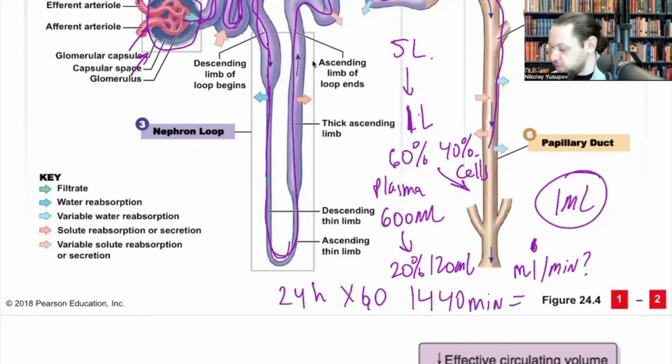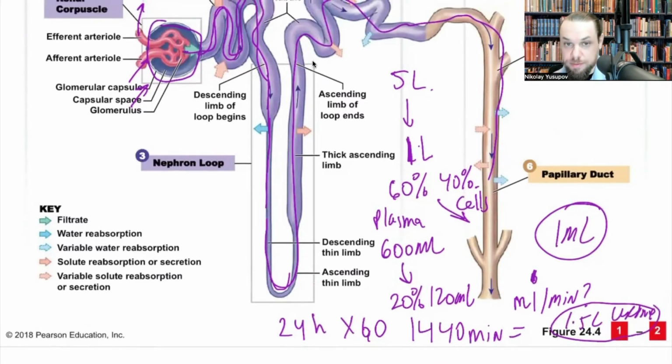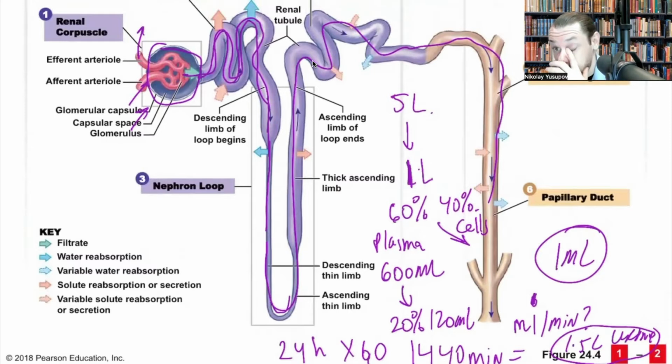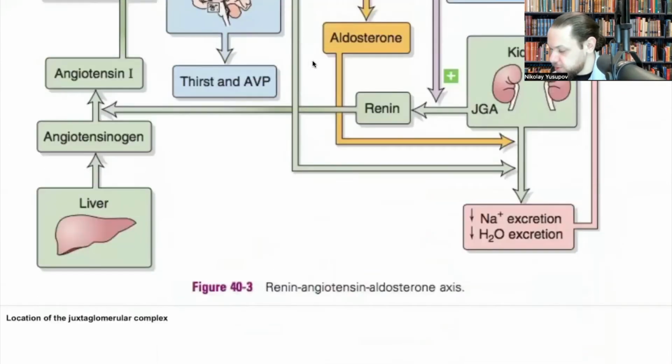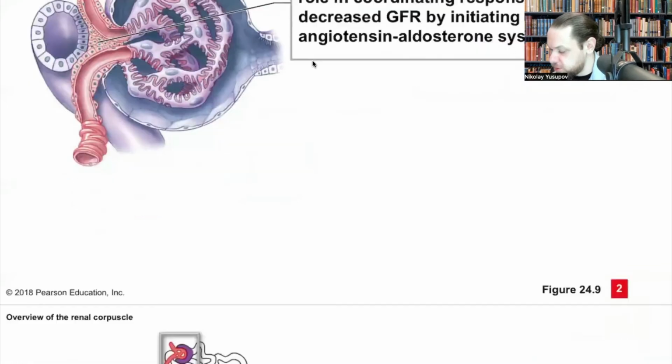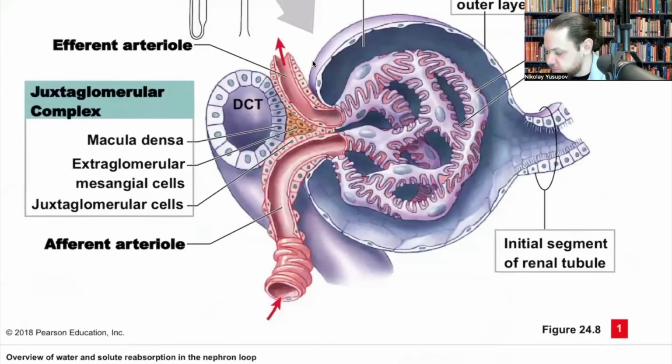So roughly speaking, you make about 1.5 liters of urine on a daily basis. So now we're going to talk about different hormonal responses in the kidney and what happens. But before we get to that, let me just go through this.